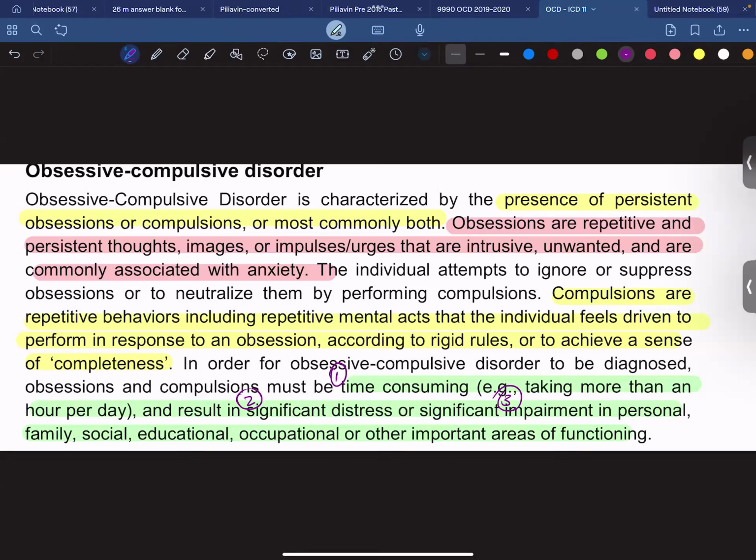If I use one keyword that would help you differentiate between obsessions and compulsions, that word is thought. When we talk about obsessions, know that your obsessions are your thoughts. Now, what sort of thoughts are we talking about? We're talking about repetitive, persistent thoughts, your images, your impulses, your urges.